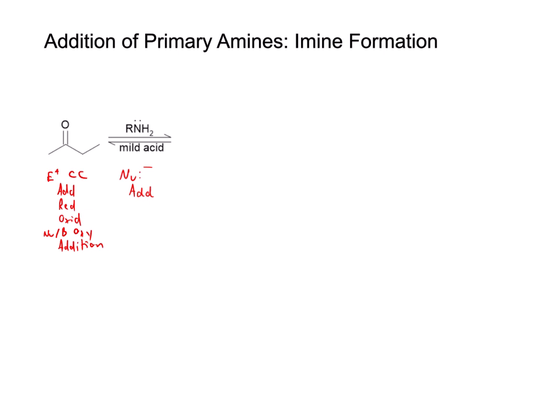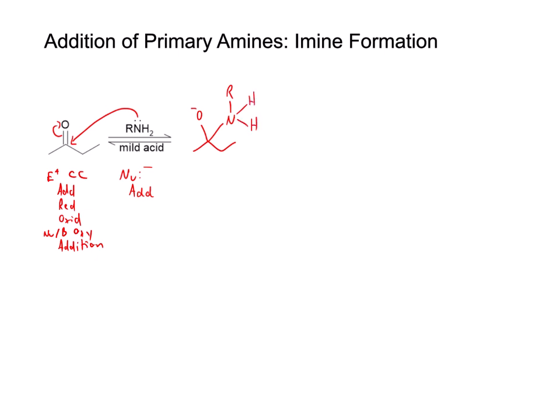But what we're going to do, we're going to take that lone pair on the nitrogen, and we are going to do an addition by attacking that electrophilic carbonyl carbon, exactly like you would expect to happen. And of course, what this does is it gives us our O negative, and we just added on this N with an R group and 2 hydrogens.